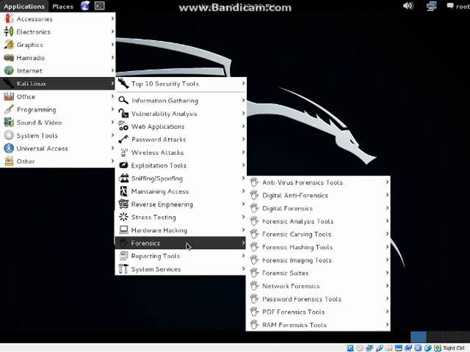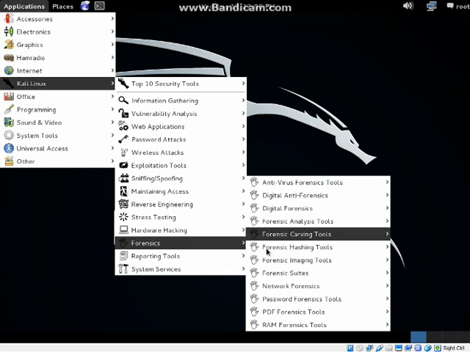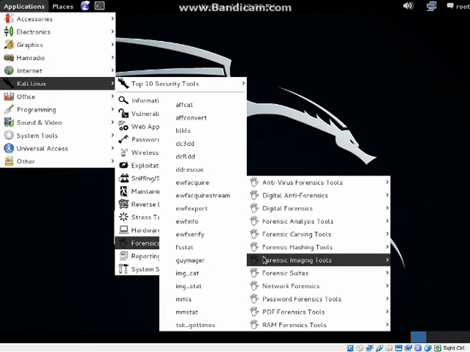Like, hold on, if I can hover over antivirus forensic tools, digital forensics, digital anti-forensics, forensic imaging tools, which is used to copy an entire disk to a different disk.